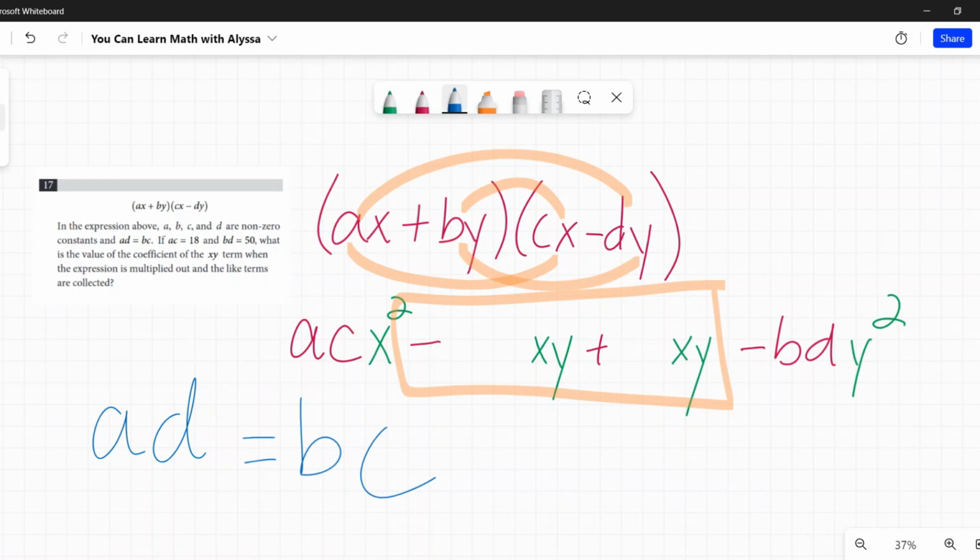So let's say AD is 572. So that means BC is 572. Okay, well, we're placing AD here. So that's 572. We're placing BC here. So that's 572. Negative 572 plus 572 is 0. It's always going to be 0. That's it. It's gone in the middle. 0. That's our answer.